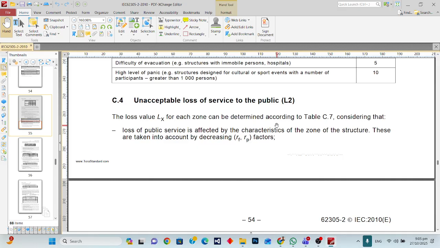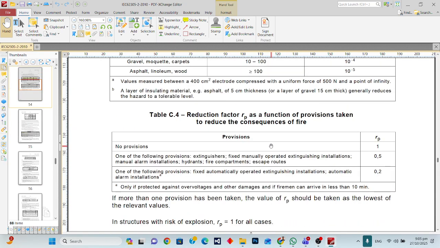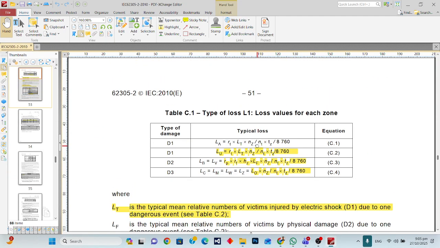Now, from my side, I miscommunicated some points when calculating the risk analysis. I told both of you about these formulas, like LA is equal to LU, LB, LV, LC, and LM.